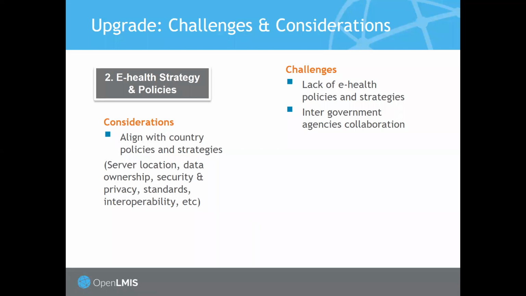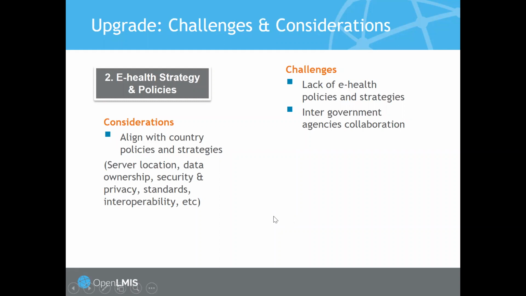So if the information systems align with this strategy and these policies, there is a greater buy-in for the government to support these information systems and ensure the sustainability. And also to avoid that the information systems go against this strategy, because this can represent major roadblocks.